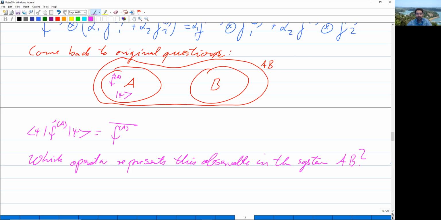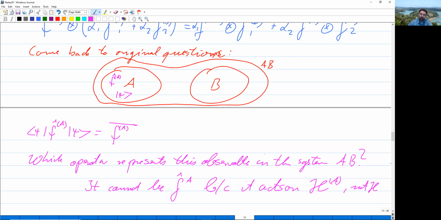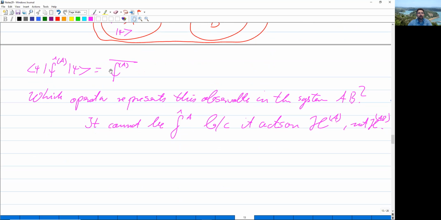It must be some operator that acts on the full Hilbert space. F hat A, it cannot be, right? It cannot be F hat A because it acts on HA, not HAB.